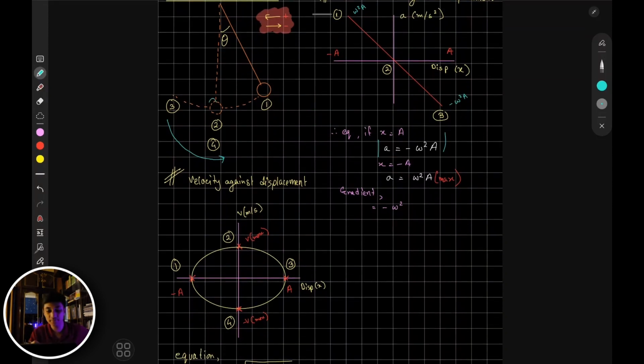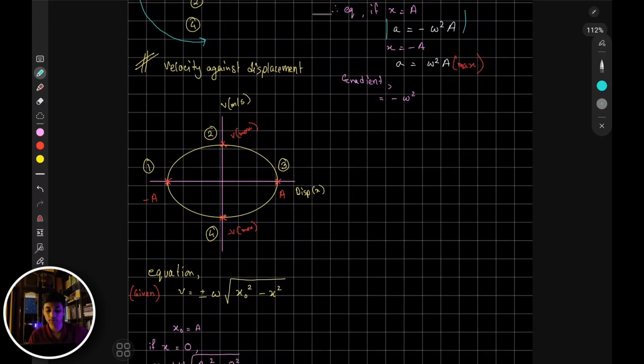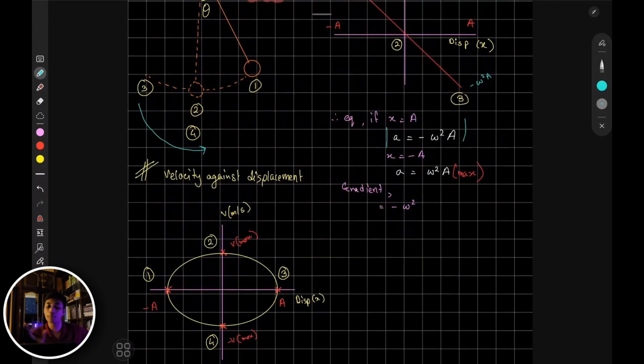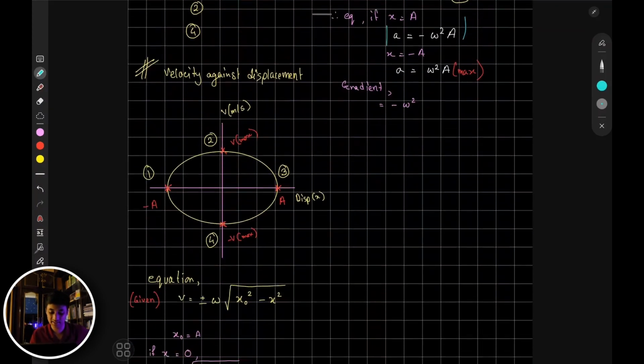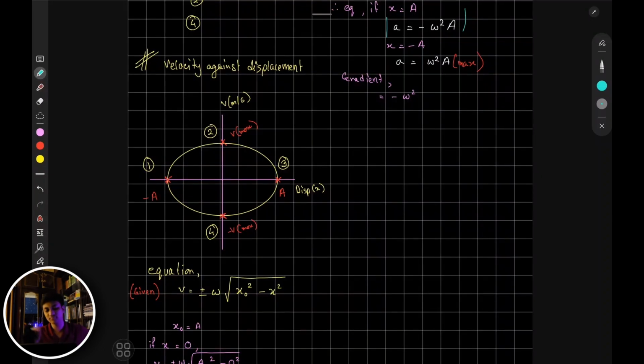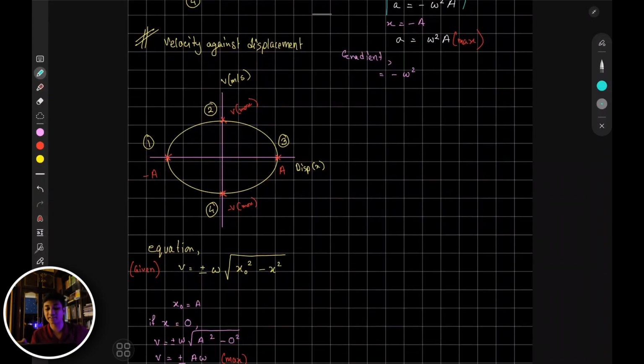So in this position, we know the velocity is maximum. You plot minus v over here, which is the maximum value of speed, but in the opposite direction, which is why there is a negative sign. Great. So now what you have is basically 4 distinct points on the axis.